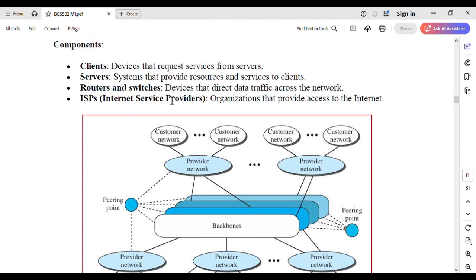Routers and switches make connectivity from one switch to another switch, or from one router to another router across the network. And then ISP, internet service providers: organizations that provide access to the internet. There are several internet service providers present to provide internet connectivity.